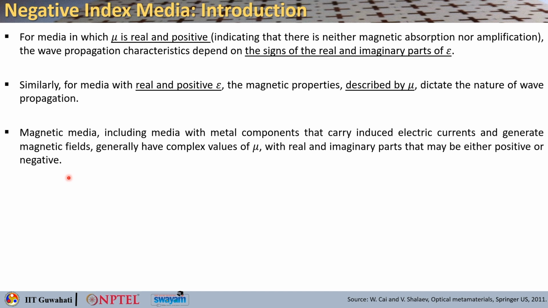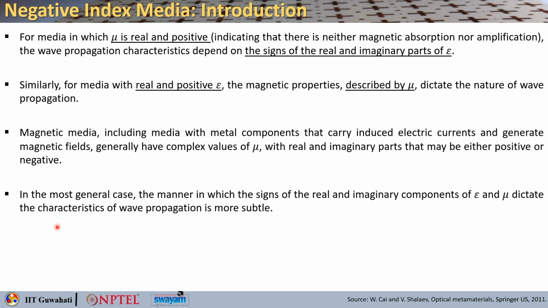Magnetic media, including media with metal components that carry induced electric currents and can generate magnetic fields, generally have complex values of mu with real and imaginary parts that may be either positive or negative. So in most general cases, the signs of the real and imaginary components of epsilon and mu dictate the characteristics of wave propagation in a more subtle way.